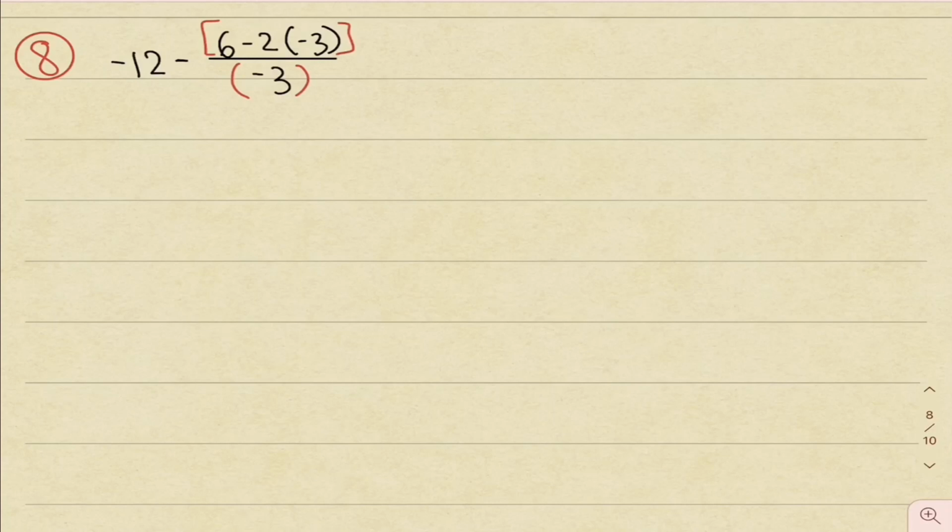So you have to work inside of parentheses first and then divide. In this expression, I put brackets on top instead of parentheses because we already have negative 3 inside of parentheses. So PEMDAS. I have parentheses and I'm going to go ahead and work inside parentheses. Negative 12 minus.